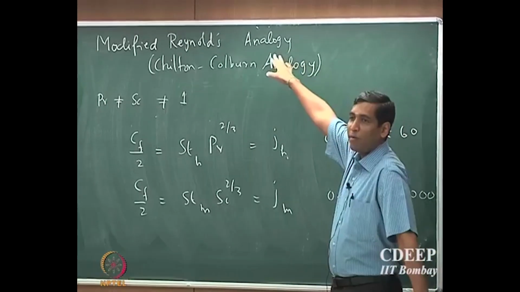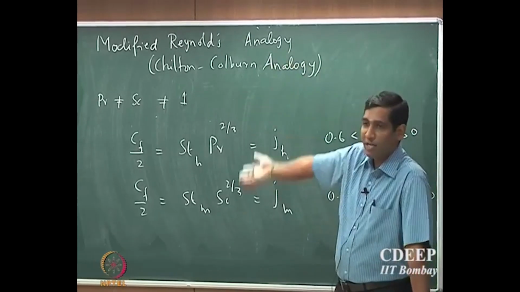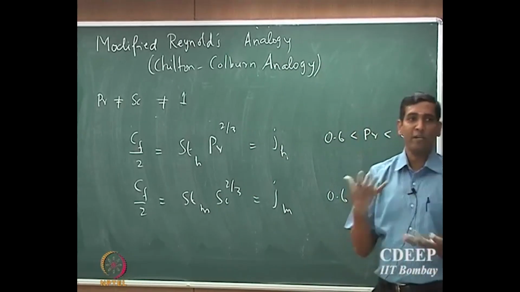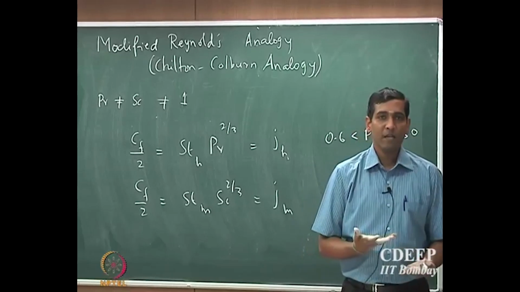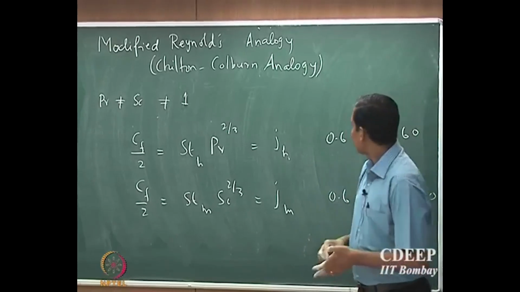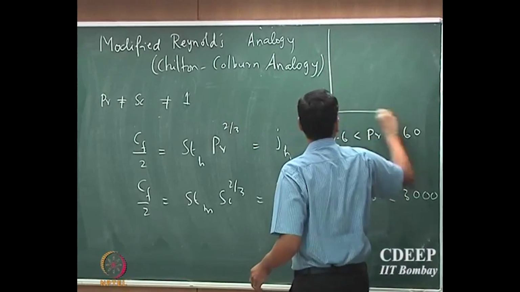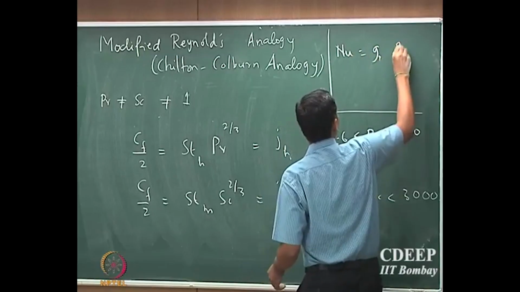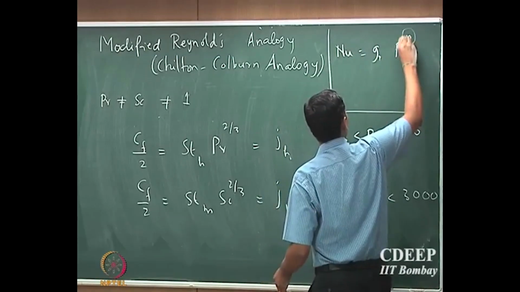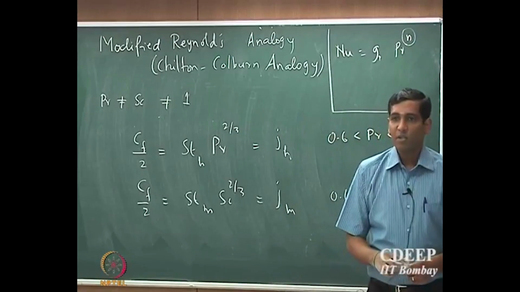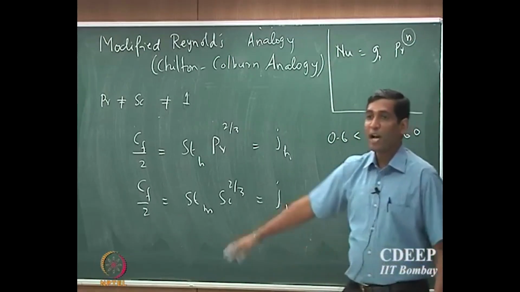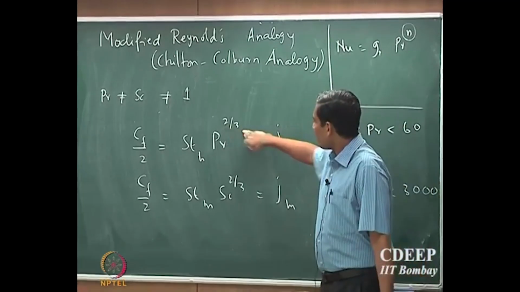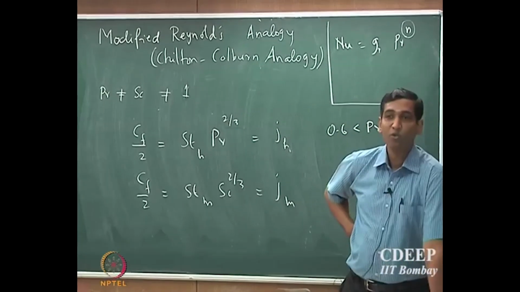What Chilton and Colburn independently did is they took the Reynolds analogy, the functional dependence of the friction coefficient and the Stanton numbers, and observing that the Nusselt number goes as some function G1 into Prandtl to the power of n. So now the question is, what is n? They found, through all kinds of experimental studies and correlations, that this n actually goes as 2 by 3.